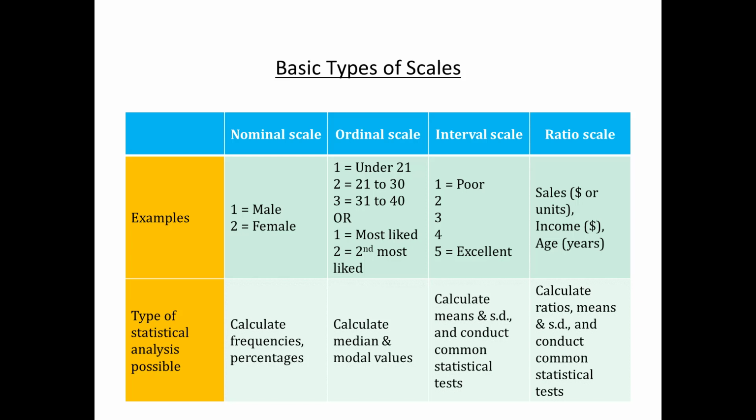If you ask someone to indicate their age group and you assign the values 1 to under 21, 2 to 21 to 30, 3 to 31 to 40, and so on, the numbers 1, 2, 3, etc. would be ordinal numbers. This is because a higher number indicates a higher age. Of course, this is an imprecise measure of age because we don't know exactly how old they are.